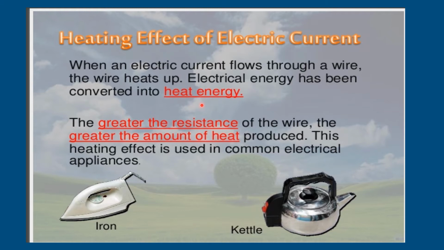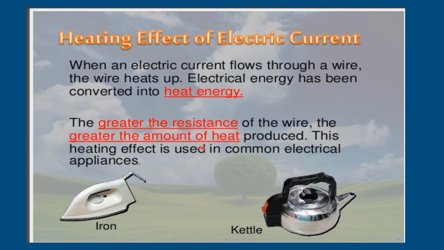Now when an electric current flows through a wire, the wire heats up. Electrical energy has been converted into heat energy. This you must have observed also, the wire gets heated up because the electrical energy is being converted into heat energy, and the greater the resistance of the wire, the greater is the amount of heat produced.